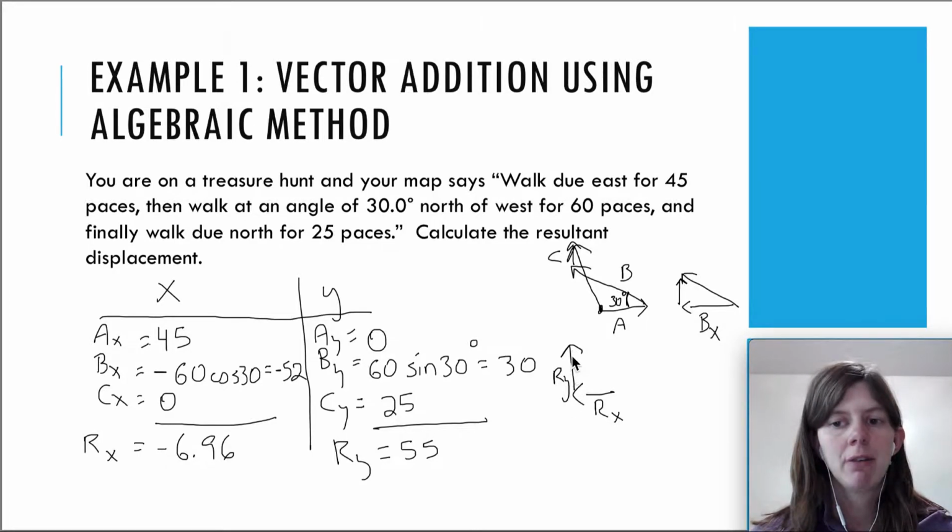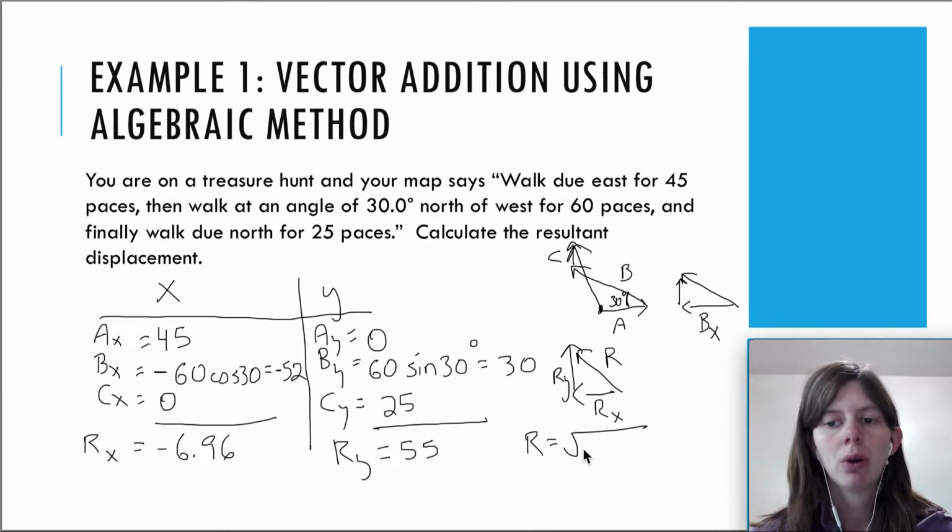Ry is positive, going up. I like to draw this triangle because it shows me exactly which way r is going. If rx is going to the left and ry is going up, then r must be going northwest. So we can use the Pythagorean theorem to find r: the square root of rx squared plus ry squared.